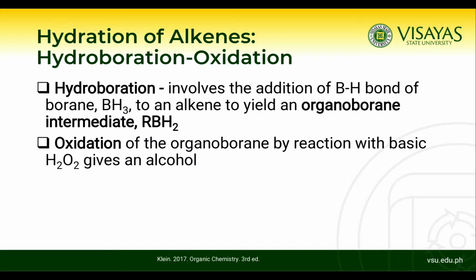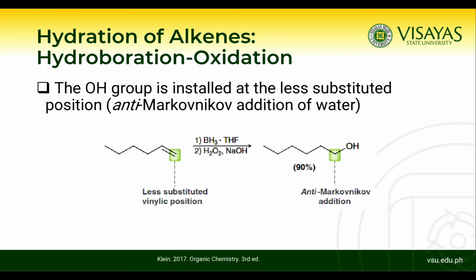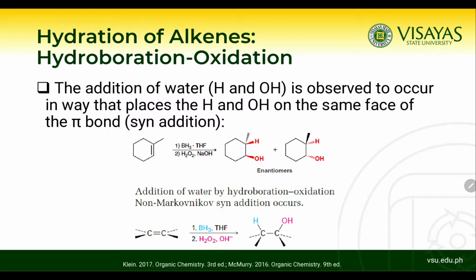Contrary to the two previous ways of hydration of alkenes, hydroboration oxidation is actually the opposite. Here, the hydroxyl group is bonded to the less substituted position. So this is anti-Markovnikov. Just like in this example, the OH is bonded to that carbon because it is a less substituted carbon.